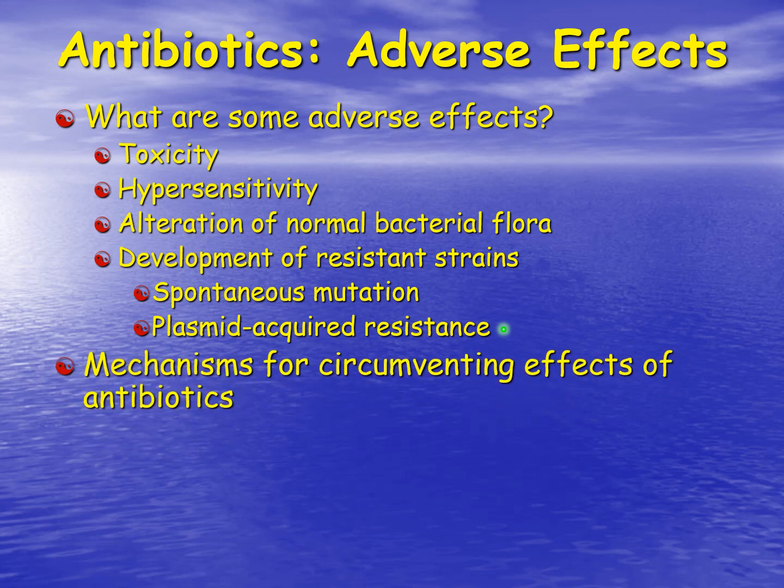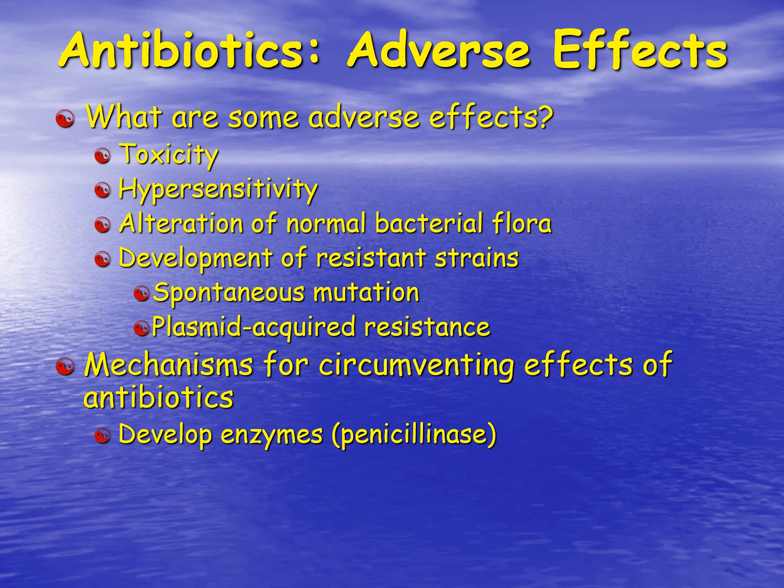Some bacteria also figure out ways to circumvent the effects of antibiotics. Some develop enzymes that will break down the antibiotics. And many of the gram-positive bacteria have developed the ability to produce an enzyme called penicillinase, or the other name is beta-lactamase.